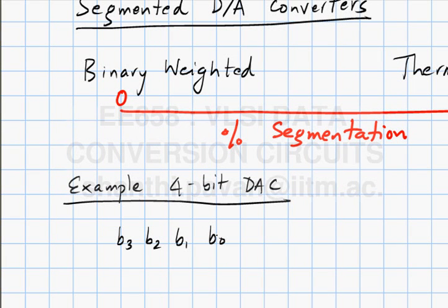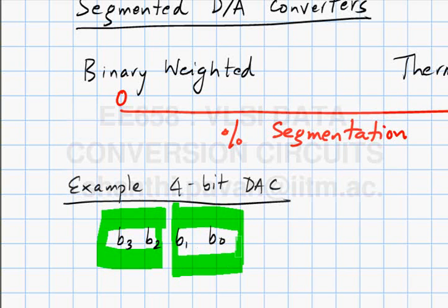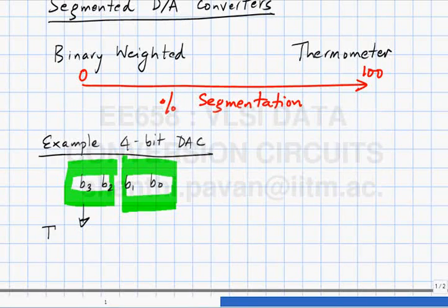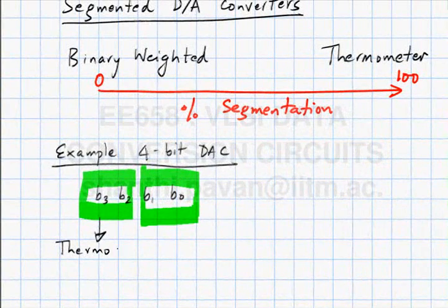One way is, for example, I will treat this as the sum of 2 DACs, one which is controlled by B3, B2, and one which is controlled by B1, B0. I will implement this in a thermometer fashion.